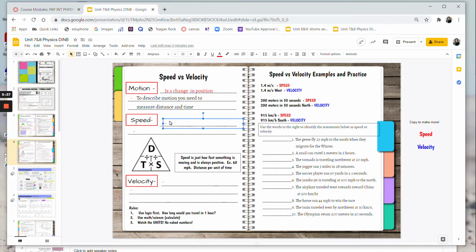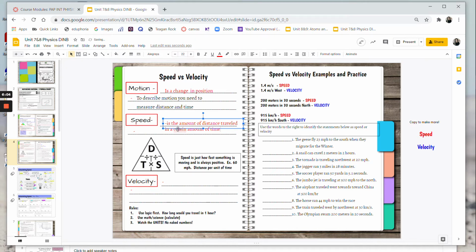Okay, speed is just the distance traveled in a certain amount of time. So I went this far in this much amount of time. So speed is the amount of distance traveled in a certain amount of time.